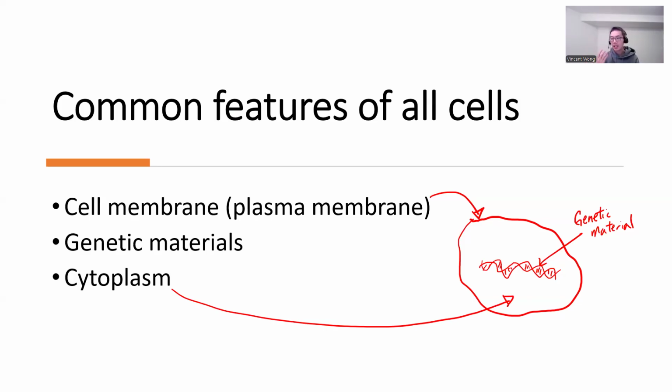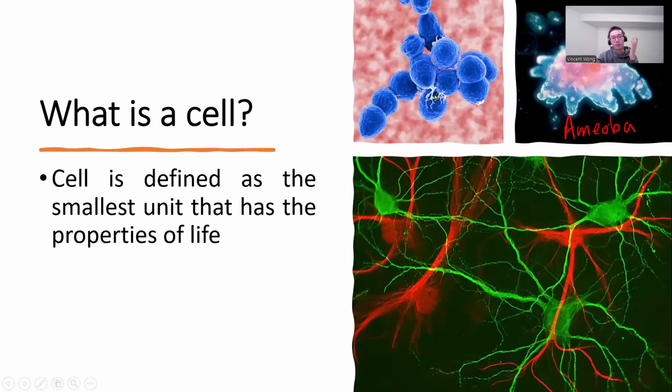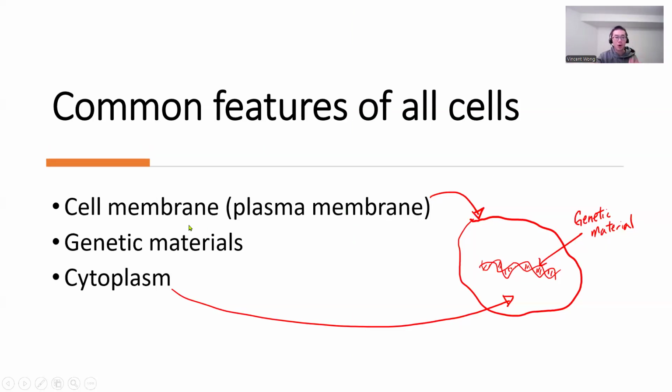I wouldn't say it's water, but it's kind of like a gel-like substance where everything else is going to be floating around inside the cell. So it doesn't matter what kind of cells you are talking about. Doesn't matter if you're talking about bacteria, neurons, amoeba, they will all have a cell membrane, genetic material, and cytoplasm.